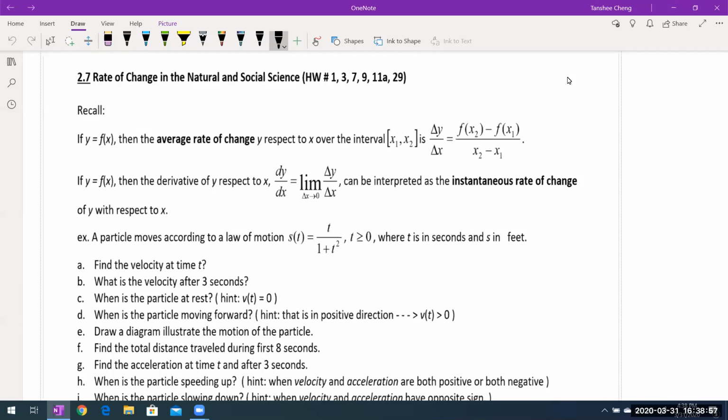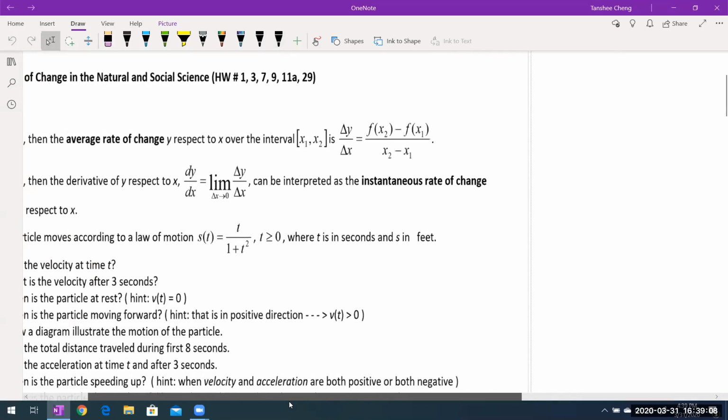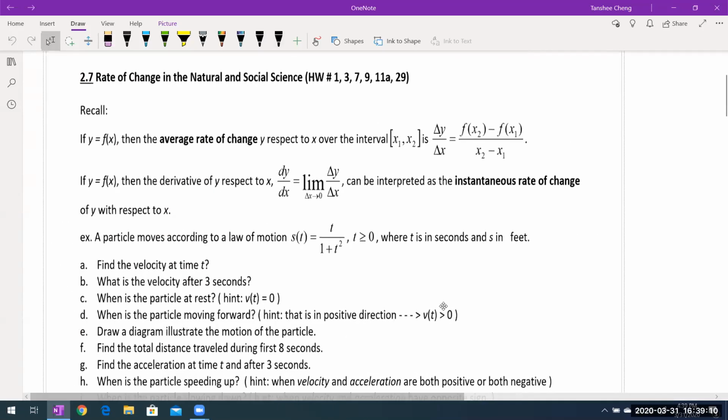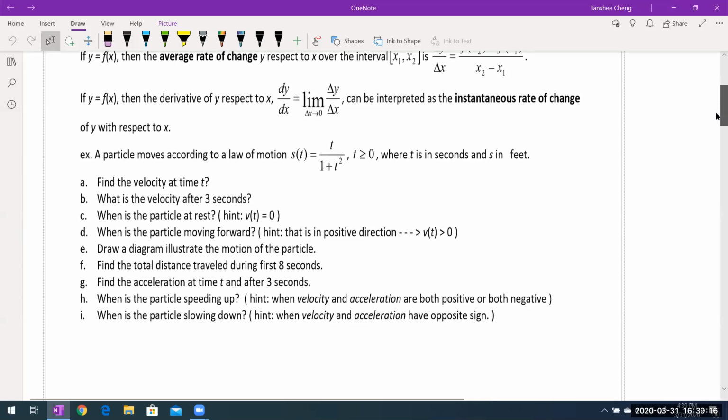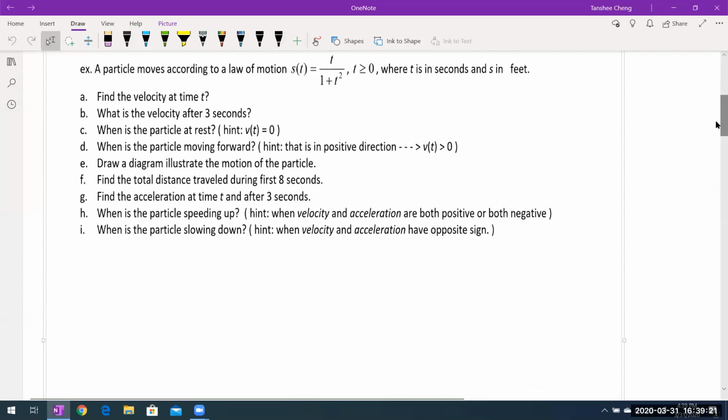I will not go into every particular field of applications. I'm going to talk about something that I'm more interested in, which is taking derivatives, talking about the applications in physics, and one example in the business part. So the very first thing that I want to do is this particular problem.